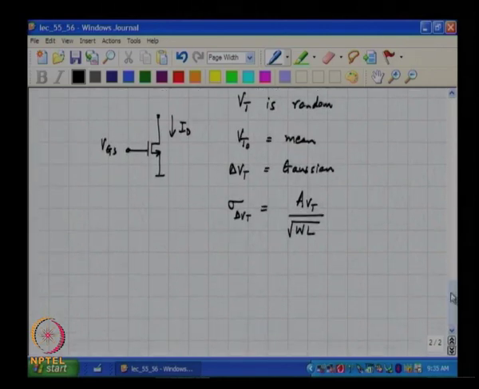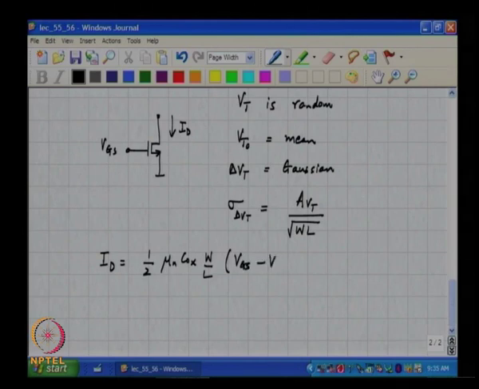And assuming that the transistor current I d is written as half mu n C ox W by L times VGS minus Vt the whole square.